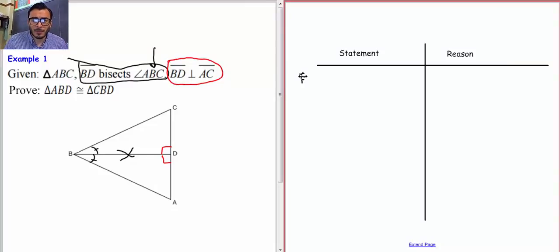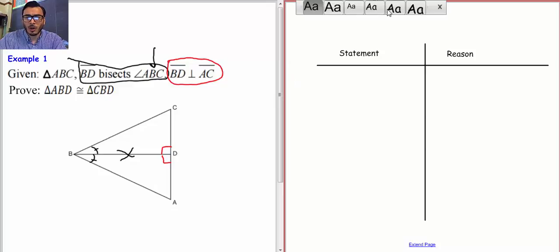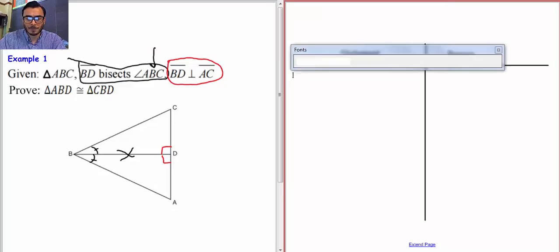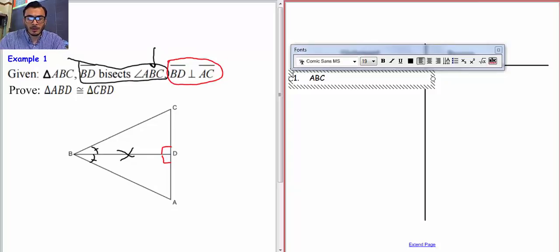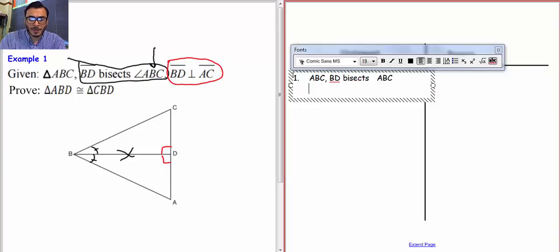So the first statement, of course, we're just going to write down the given information, and let me just go ahead and actually just type this up. So we've got triangle ABC, BD bisects angle ABC, and we also have BD perpendicular to AC.